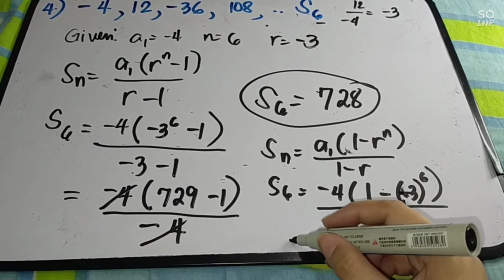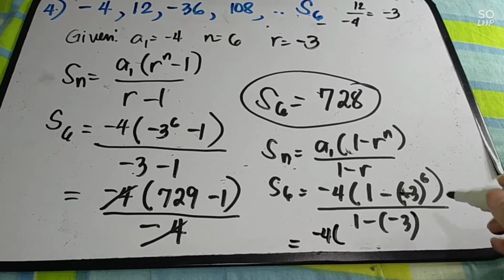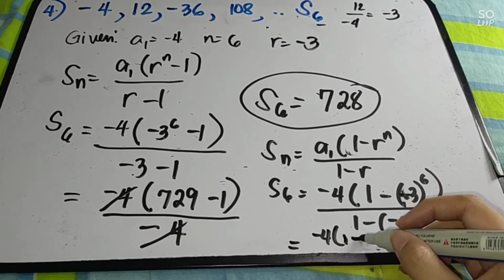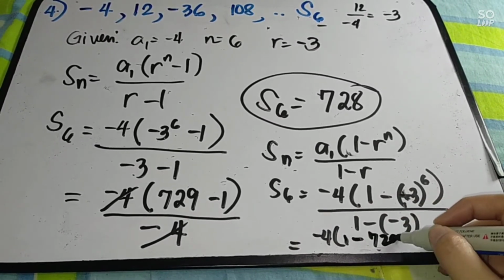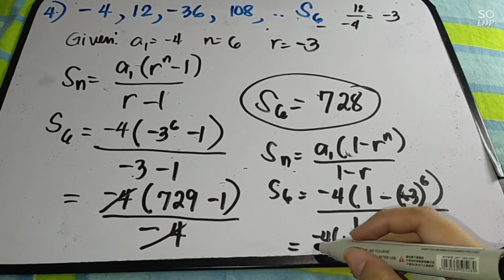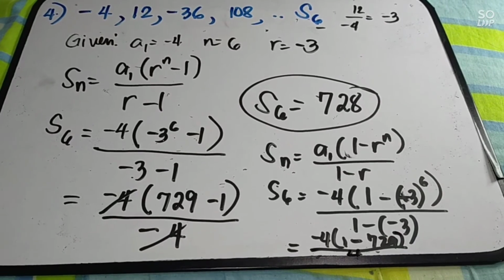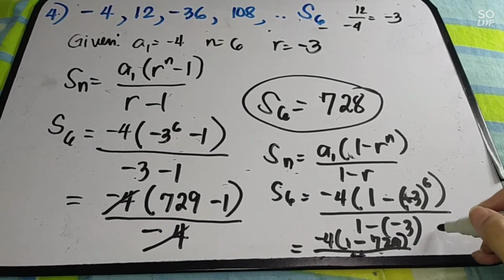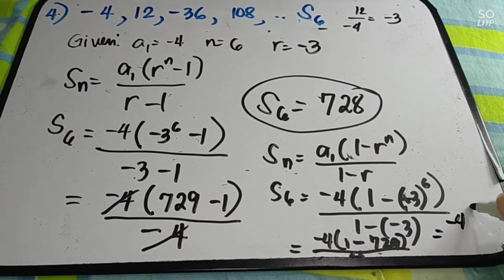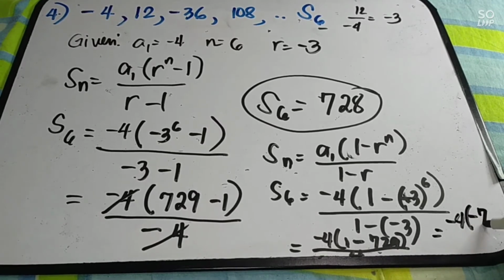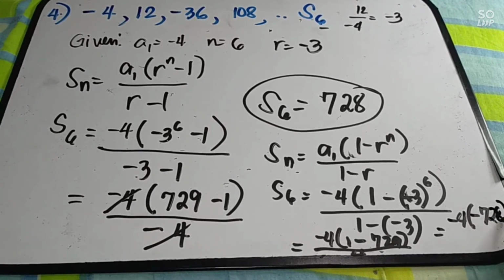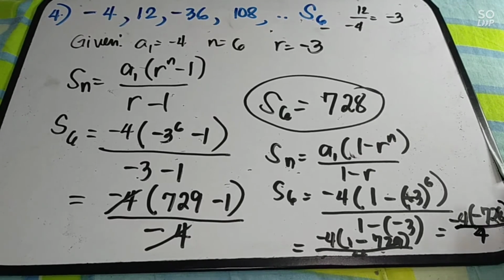So, magiging negative 4 times, ito kasi magiging 1 minus 729. O, diba? Nagkaroon siya ng negative sign. So, ito magiging plus, magiging over 4 yon. Okay? So, magiging siyang negative 4 times negative 728 over positive 4.